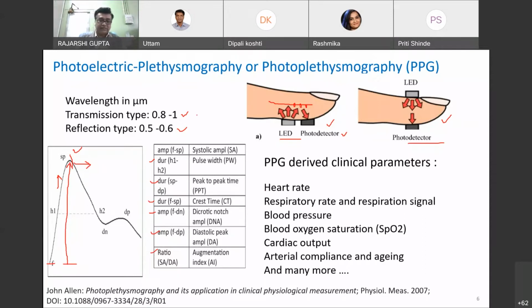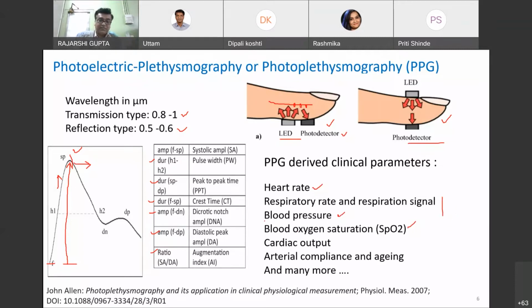There are many other parameters which I have shown here. The most prominent use of PPG is blood oxygen saturation, which is called SpO2, then heart rate, then respiratory rate and respiratory signal. Recently, there have been many works on PPG-based blood pressure measurement.